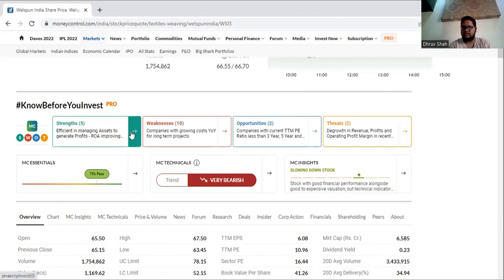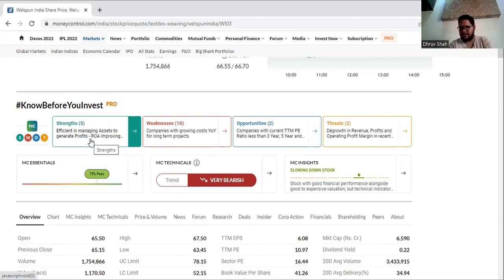What are its strengths? Means the company's strength is very important. So the company is able to generate revenue from the assets it is holding. This is the main thing. The company's management should be able to generate revenue from its assets, and the company is doing it. As you can see here, the first strength is that it is efficient in managing assets to generate profit.